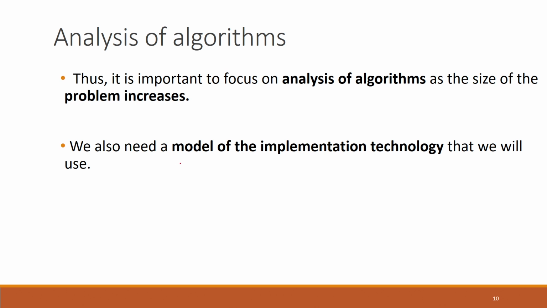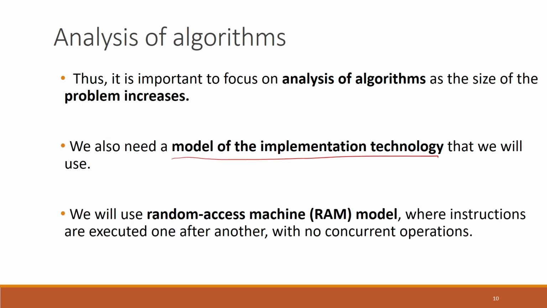So, we also need a model of the implementation technology that we will be using. We will be using the random access machine model, which is called the RAM model. Here instructions are executed one after the other with no concurrent operations. On this model all the operations will be run one after the other only.